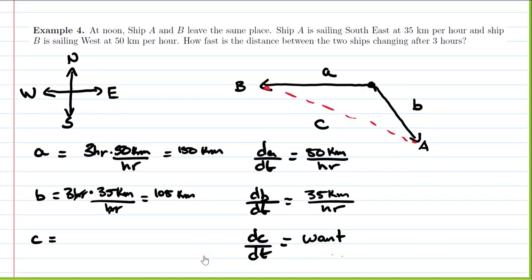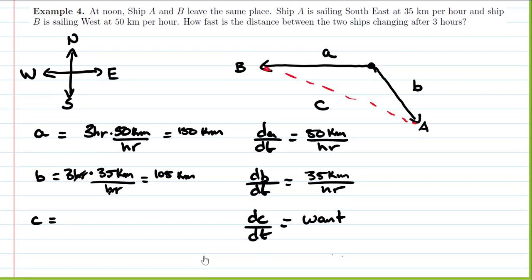There's one other piece of information that is implied that is important. In these types of problems, when they say it's sailing southeast, they mean exactly southeast. If it's sailing exactly southeast, what would the measure of this angle have to be?